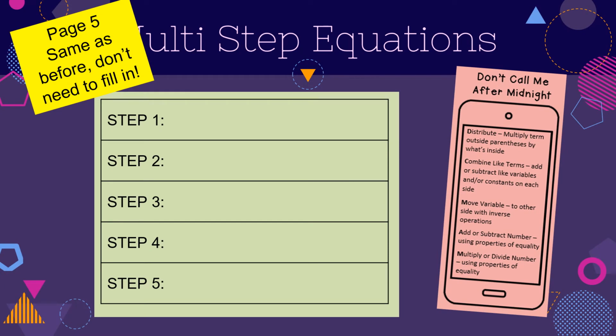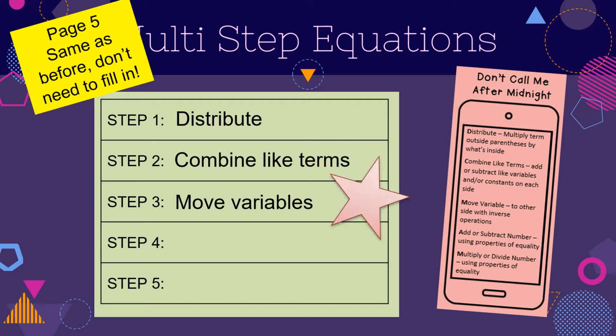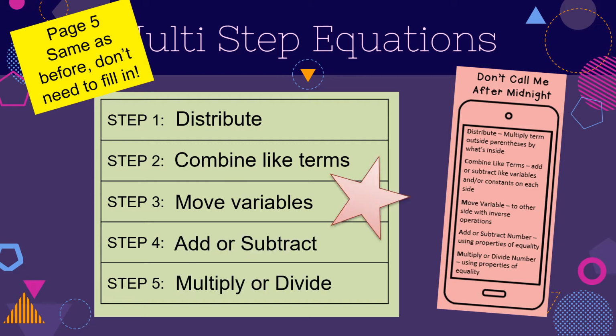When you turn to page 5 of your notes, you'll notice there's a space for 3 steps, but we've actually already filled in the steps that we need. If you flip back for a moment to page 4, that has our 5 steps, so make sure that you have distribute, combine like terms, move variables, add or subtract, and multiply or divide.